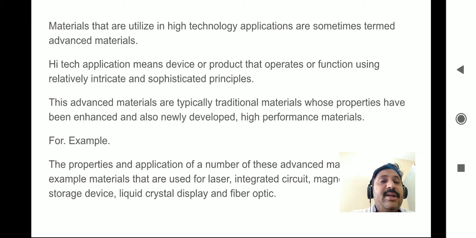These advanced materials are typically traditional materials whose properties have been advanced, and also newly developed high performance materials. The advanced engineering material is nothing but a material available traditionally for several years, but by studying its structure it may be enhanced or newly developed to give high performance.